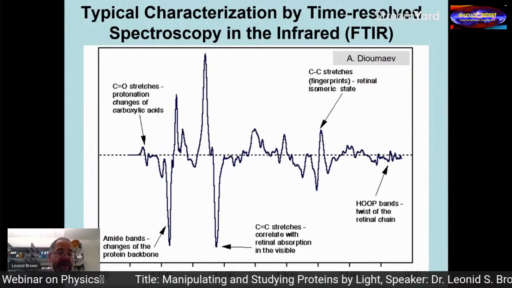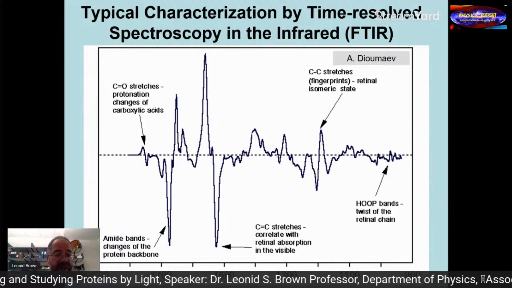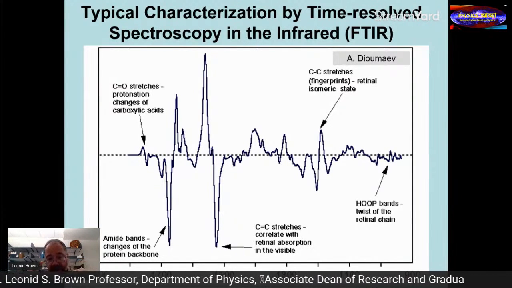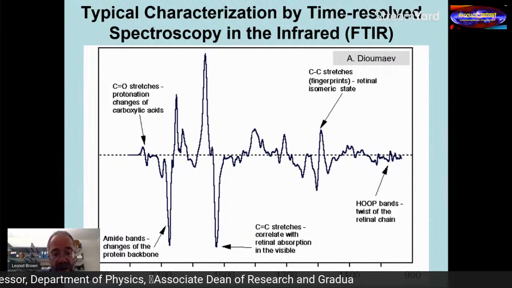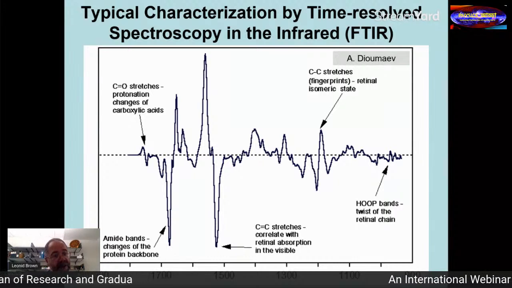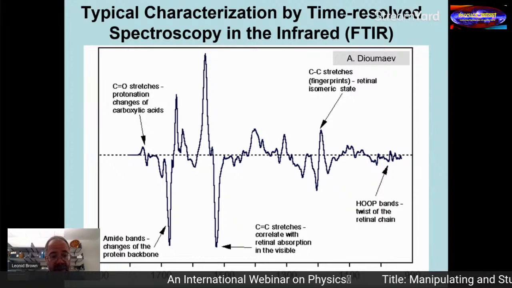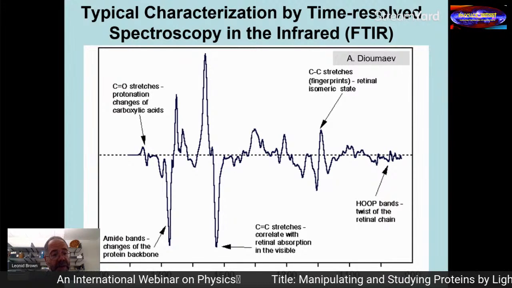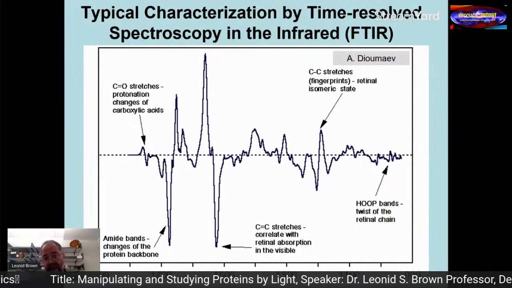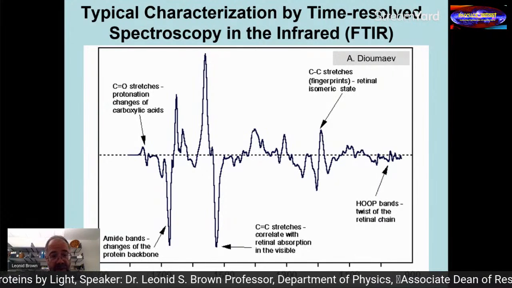Here, these are bands reporting on the retinal isomerization, and here are bands reporting on planarity, whether your retinal is twisted or flat. So lots of information, and we can take a lot of these snapshots at different times. So we use this extensively on our own and in collaboration. This is a very powerful technique. You can assign specific bands very often to specific groups by using mutagenesis in combination with infrared spectroscopy.